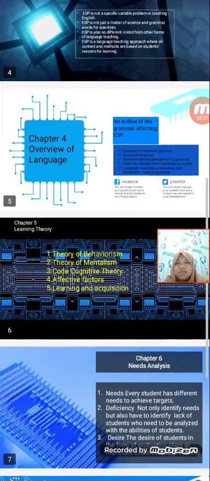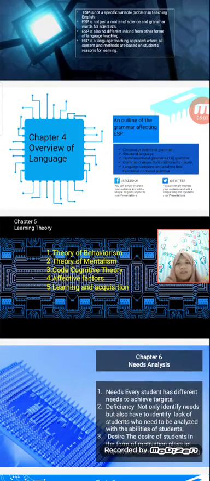Next, I will explain chapter 4, overview of language. An outline of the grammar affecting ESP. The first is classical or traditional grammar. Classical language knowledge can deepen learners' knowledge of how language develops.